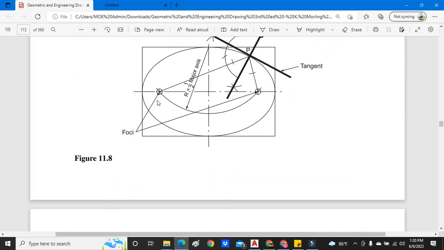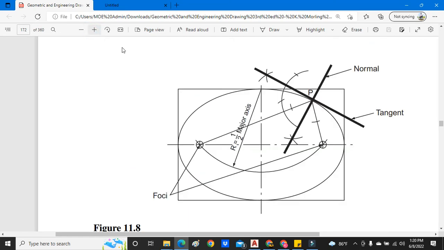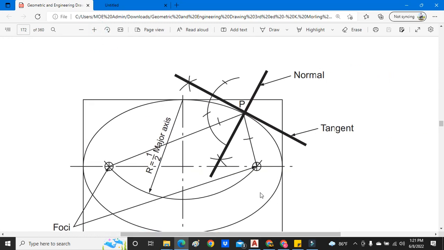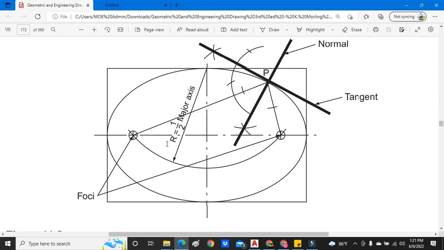Okay? And the last thing here that we're going to look at, it came a long way. But this last thing here is to construct a normal and a tangent to the ellipse. So remember, we looked at the parts of the ellipse earlier. Pay attention. What are these 2 points here called? The foci, right?